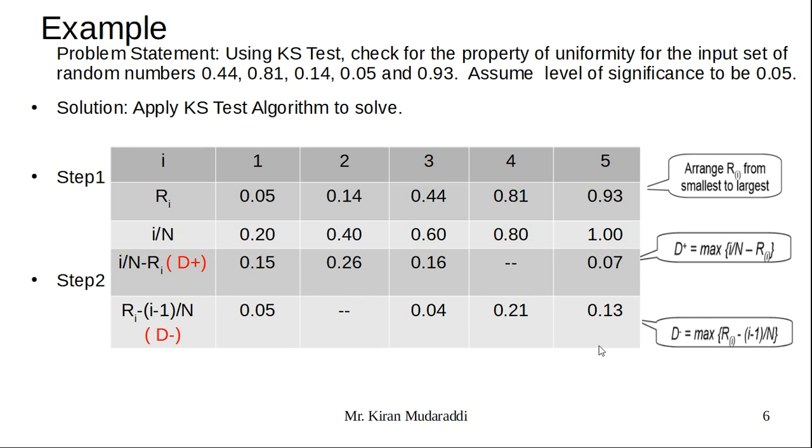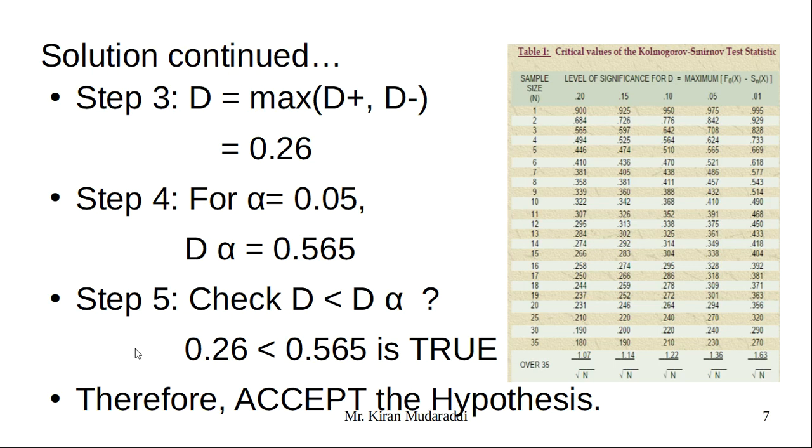Similarly, I am going to use the formula Ri minus (i minus 1) divided by n. It gives me these values, which is called d minus. That is step 3. Step 3 is D equals the maximum of d plus and d minus.